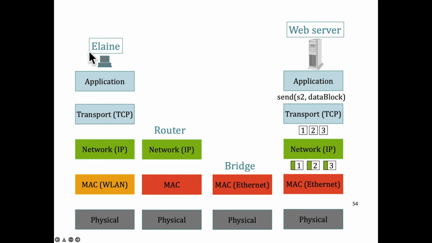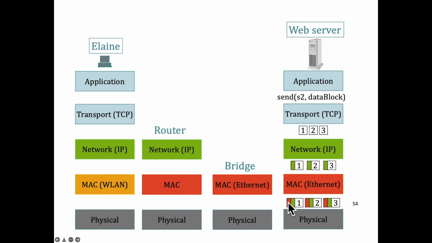So the IP address is always the destination IP address, which is the IP address of Elaine. Here, we do not put the IP address of the router. As I said, it's an end-to-end communication. Each packet contains the destination IP address, and that's the end IP address, the receiver IP address.